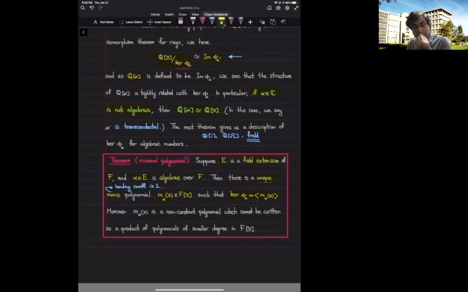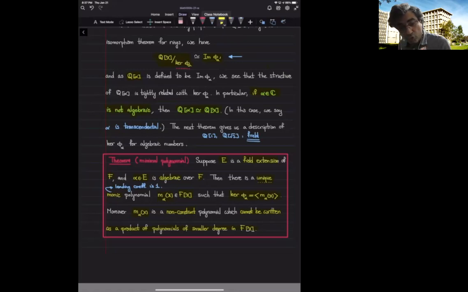Moreover, the more important part of this, if I take this polynomial m sub alpha, this is a non-constant polynomial with this property, that it cannot be written as a product of polynomials that have smaller degree. So this m sub alpha cannot be written as a product of smaller degree polynomials in F[x].